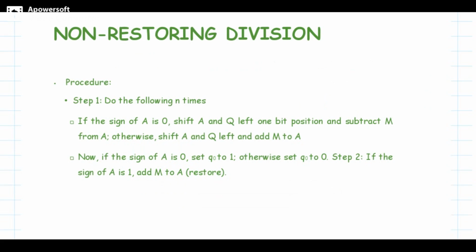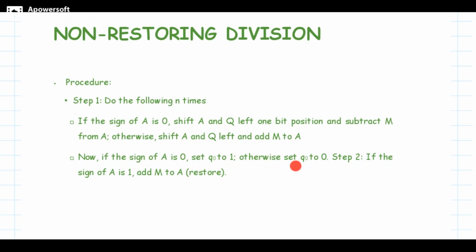So first we'll take restoring division. The basic procedure is given as below. Step 1: do the following n times. If the sign of A is 0, shift A and Q left 1 bit position and subtract M from A. Otherwise, shift A and Q left and add M to A. Now, if the sign of A is 0, set Q0 equal to 1.